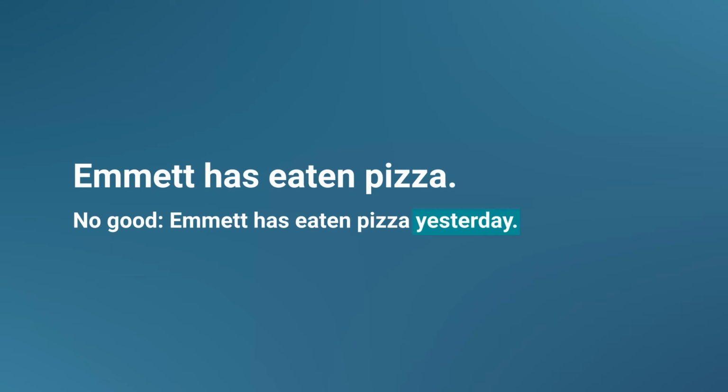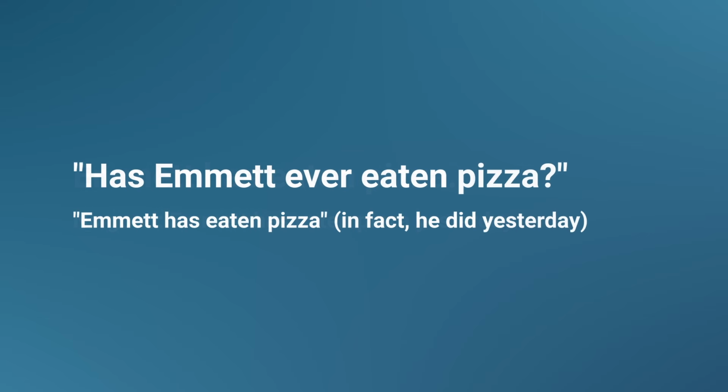However, if I am asked the question, "Has Emmett ever eaten pizza?" I can answer, "Emmett has eaten pizza," even when the event took place yesterday. This means that the time we are referring to with an adverb like yesterday is not necessarily the same as when the event took place.